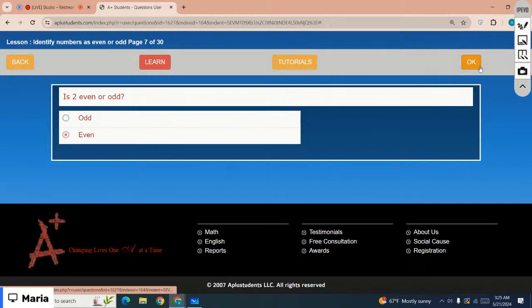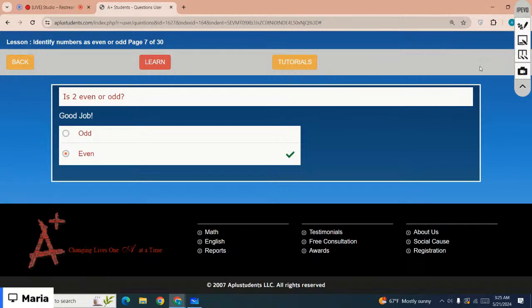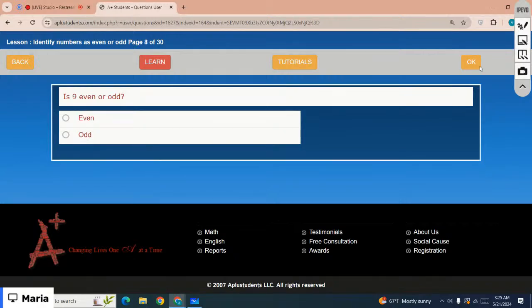Even it is. The correct option is even. Is 9 even or odd? 9 is an odd number.